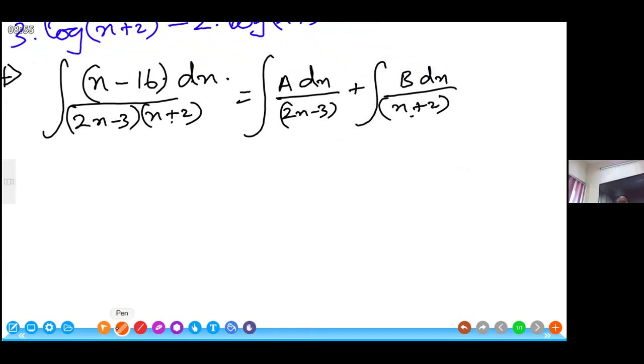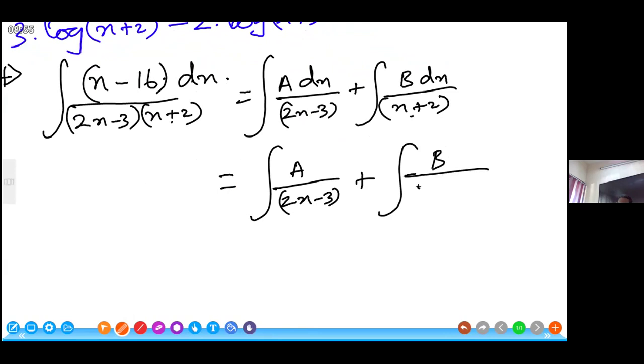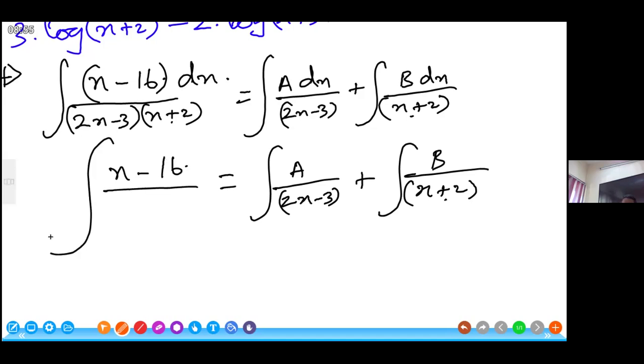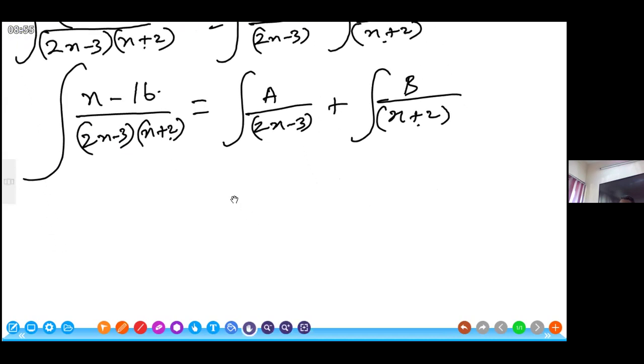All right. So we could say integration of a divided by 2x minus 3, plus integration of b divided by x plus 2, is equal to (x minus 16) divided by (2x minus 3) into (x plus 2). Again, the same concept as earlier.